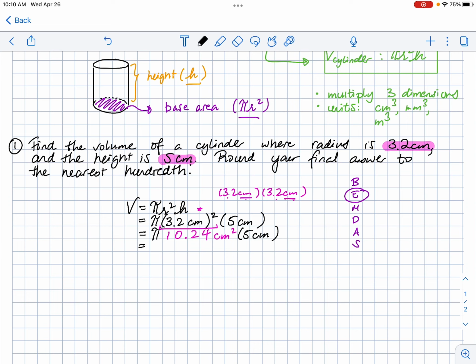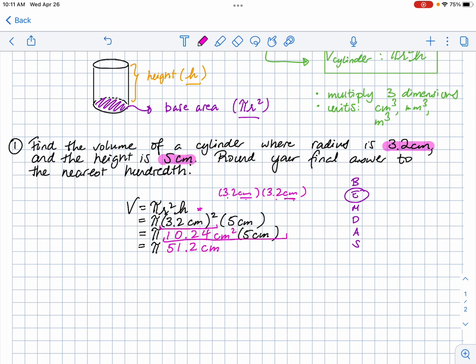I'm going to recopy pi here, okay? Now, I'm going to recopy pi, and then the final piece is multiplying 10.24 centimeters squared times 5 centimeters. So I'm going to do 10.24 centimeters squared times 5 centimeters. Okay, so now I have, I'm just going to keep this 51 and 2/10 centimeters.